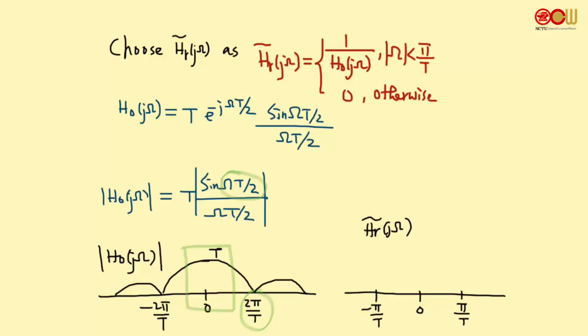The curve here goes down, then up, down, then up, and then down again. So when you take the reciprocal, you get a curve that looks slightly like this.